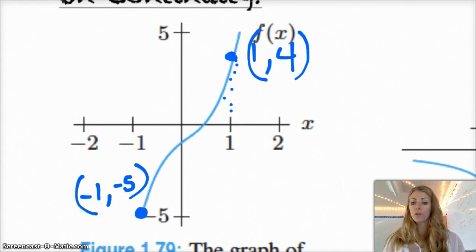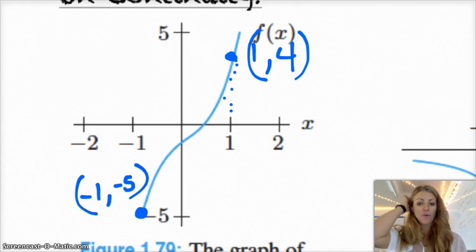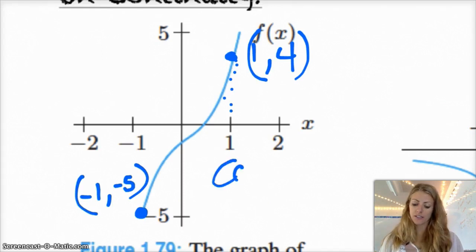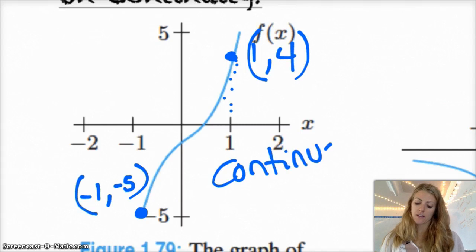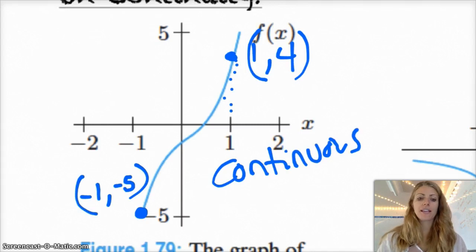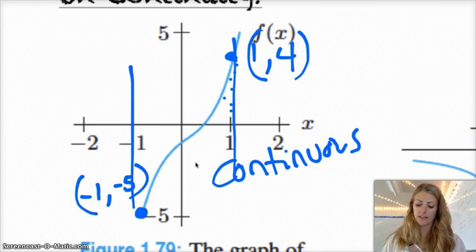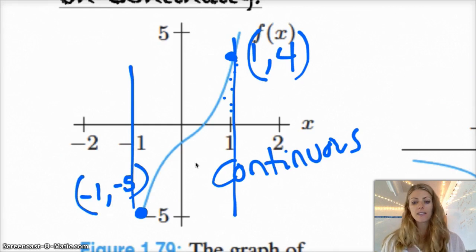Let's pretend we only knew that it went through those 2 points. If we also know that it's continuous, then we know that somewhere between -1 and +1, so somewhere between here and here, there has to be a 0 because there are no jumps and skips.